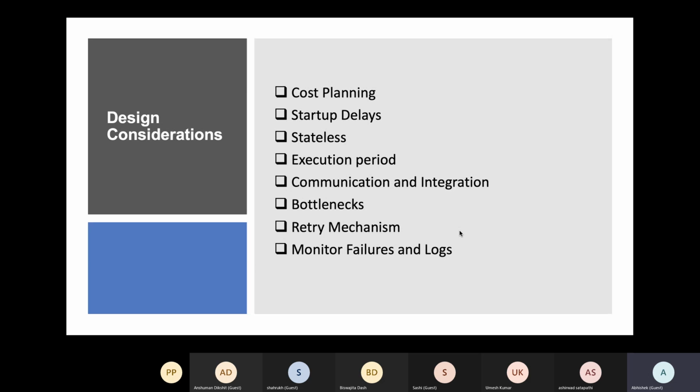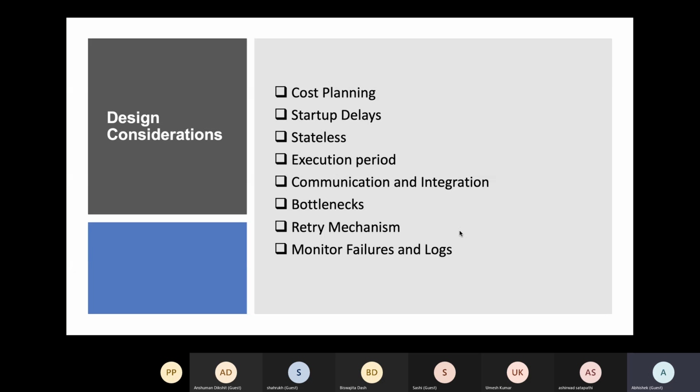You need to bring up a strategy. Maybe you can use a queue, like a Service Bus queue, or a simple storage queue, some queuing mechanism you need to bring in. That will help you in managing the communications and integration among the Azure functions. You need to pass on some data from one function to another whenever we are breaking down the functionality into smaller functions.